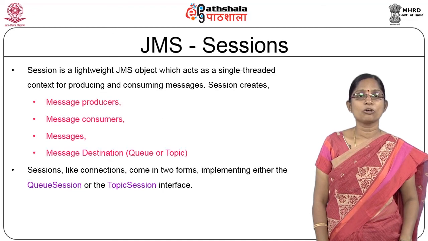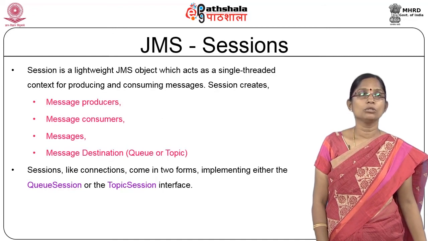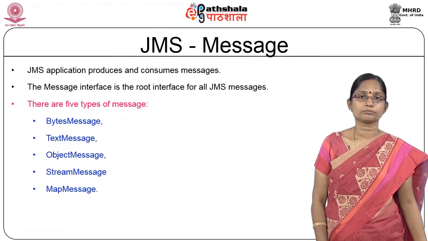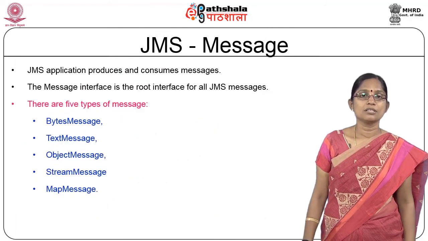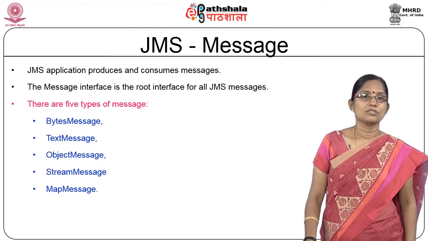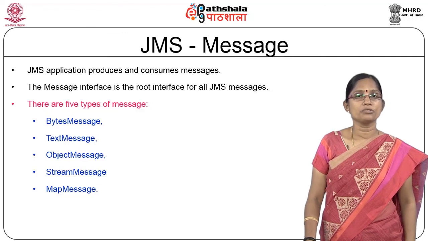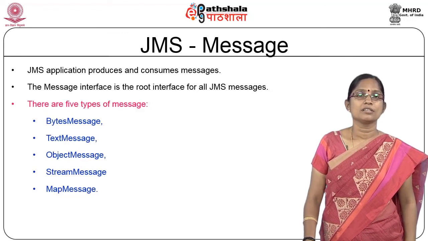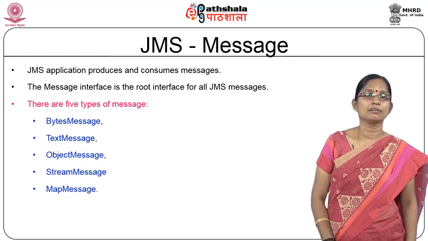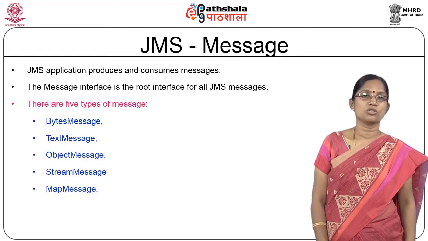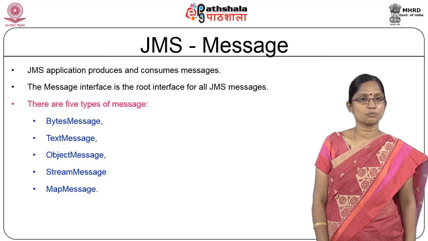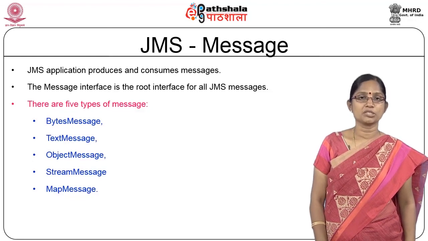Instead of seeing the producers and consumers, now let us look at how the messages would be. Now these are the components of messages. A JMS application produces and consumes messages. In the message interface, there are 5 different types of message which are followed in JMS: bytes message, text message, object message, stream message, and map message.